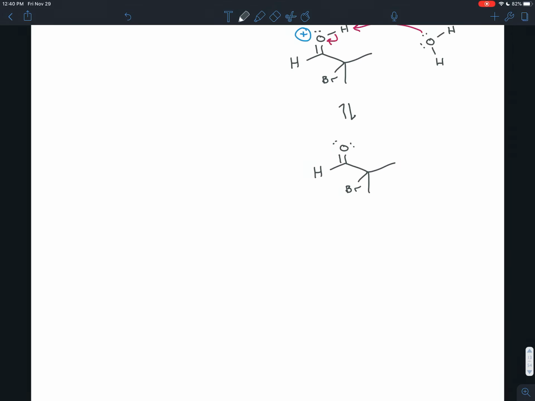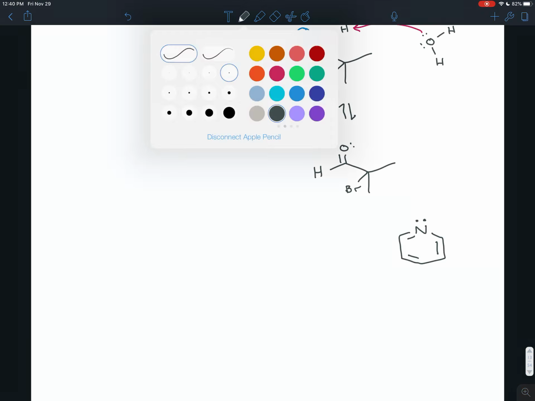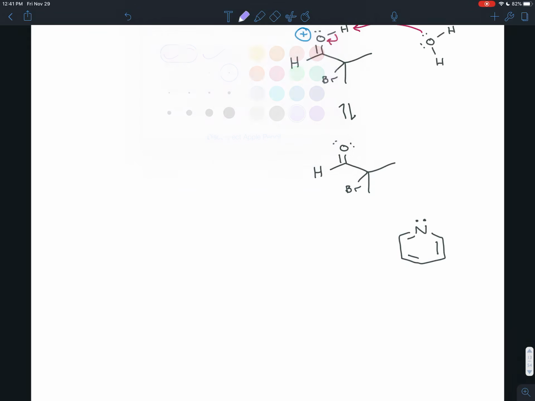So we can take this, treat it with pyridine. Pyridine is like benzene. It's a 6-membered aromatic ring, just one of the carbons is replaced by a nitrogen. The nitrogen has a lone pair on it, and that lone pair is not participating in the aromaticity, so it can act as a base. That lone pair can stick to a hydrogen.